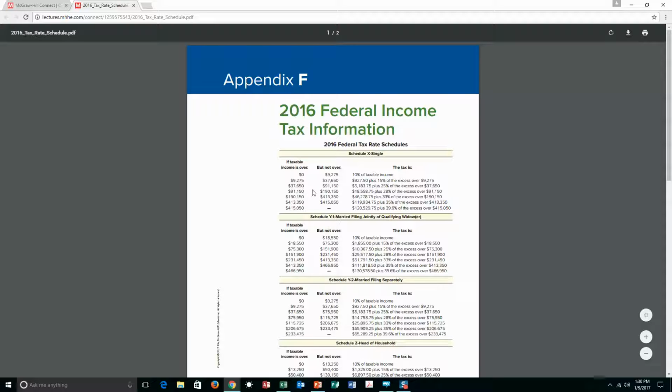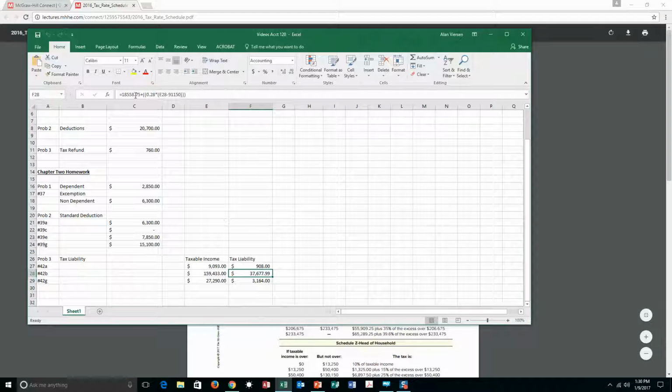The formula when you use the tax schedule is this amount, 18,558.75 plus 28% over 91,150. It looks like this: 18,558 plus 28% over what the taxable income was, I just used a cell reference, minus 91,000. That gives us a tax liability of $37,678, rounding off to the dollars.